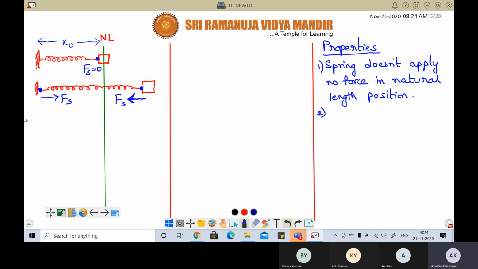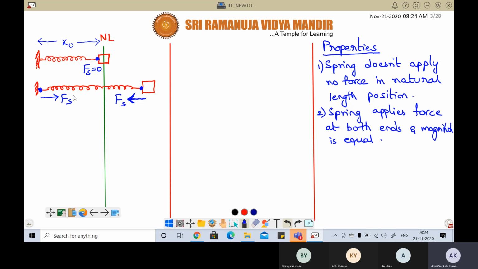Very important. Okay, so that is the second property. What is the second property? Spring applies force at both ends, and magnitude is equal.